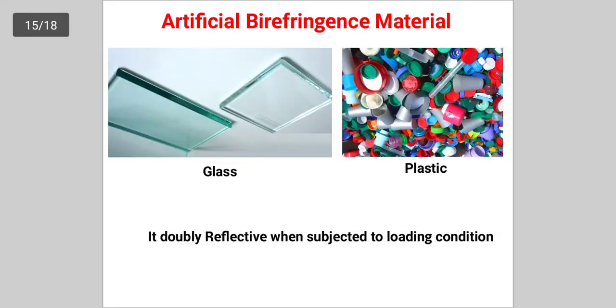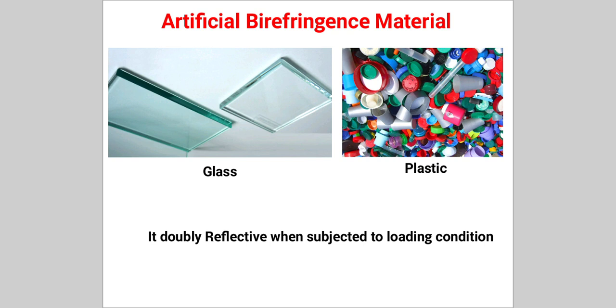So this is about the basics of experimental stress analysis, in which we have discussed the basic use of ESA techniques. Then we discussed three methods, photoelasticity, the coating method and strain gauge techniques, in detail: how these methods are useful for stress analysis and how they are applicable to different types of materials.